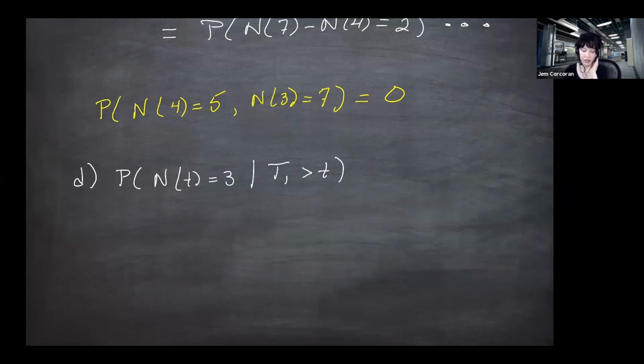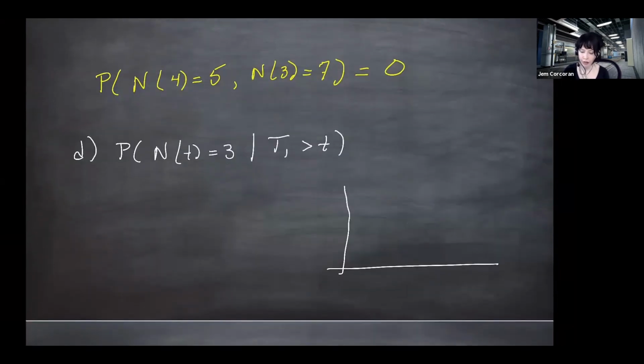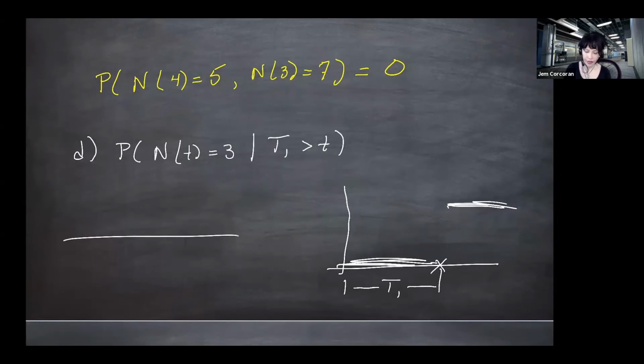This is what we just talked about, really, because T1 is the first inter-arrival time, and that's actually the first arrival time. We'll go T1 units of time before we see our first arrival. So we're at 0 here, and then we jump up to 1 here. And so if the first arrival is happening at a time greater than t, then we have seen 0 arrivals at time t. So this probability is 0.